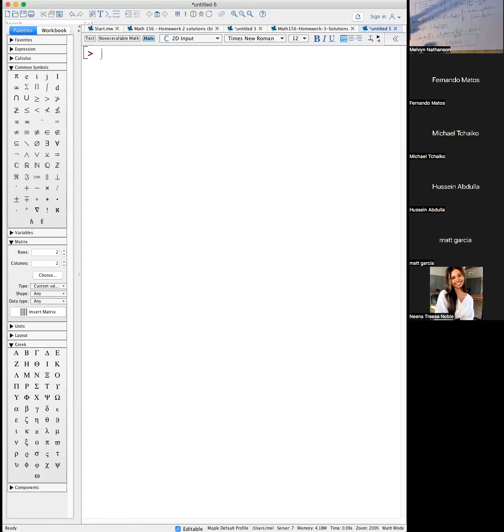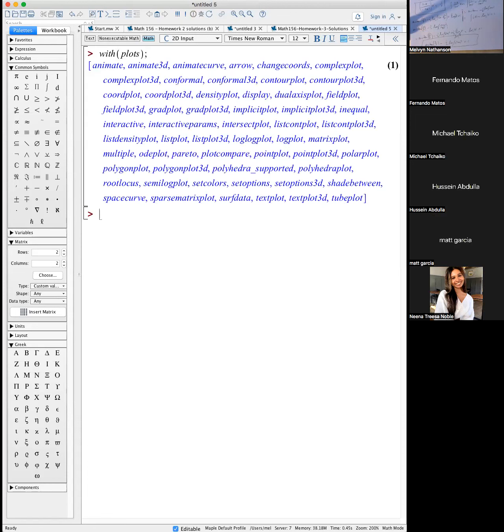There's a command package in Maple called plots. Let me say with plots. Now there are a lot of plots I can use, and the one I'm interested in is implicit plot.